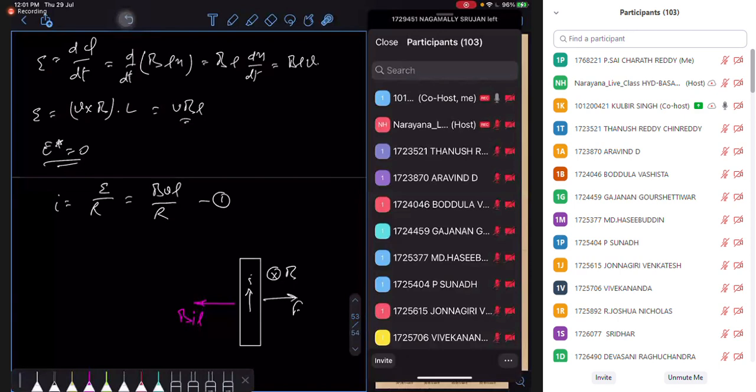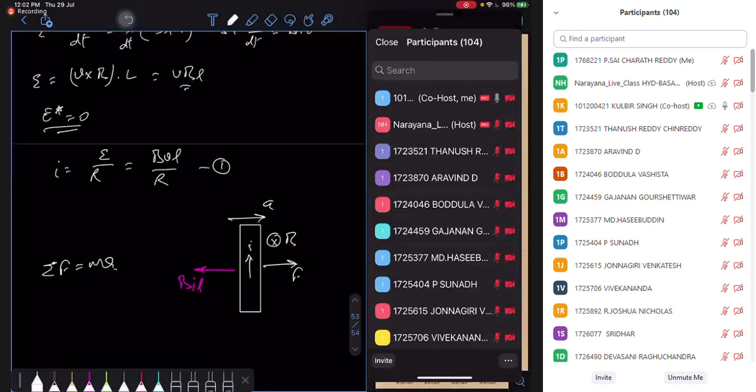Are they equal? External force and the BIL, are they equal? We have no idea. So we can apply Newton's law. Net force equals MA. In the net force, we have the external force and the magnetic force BIL, which equals MA.